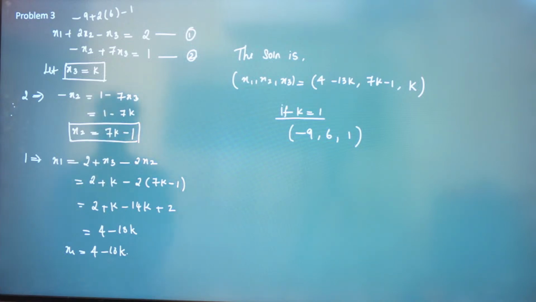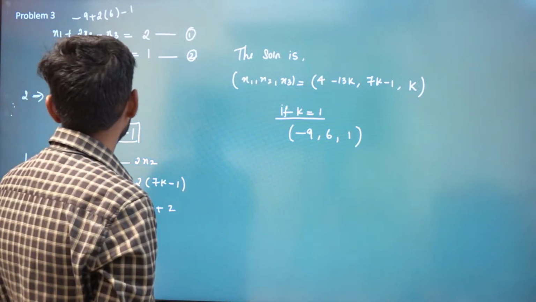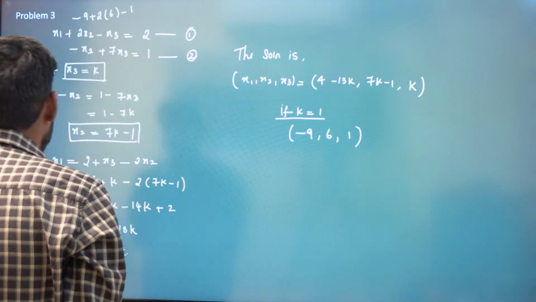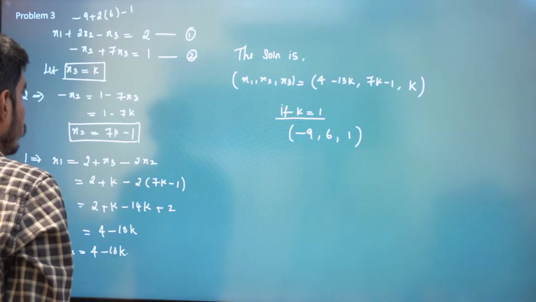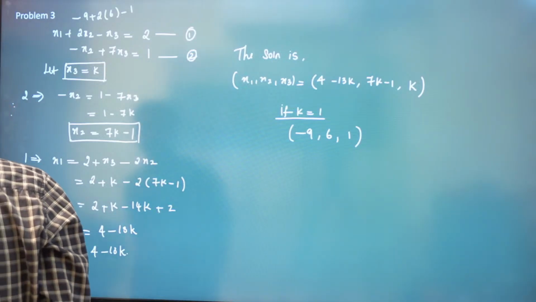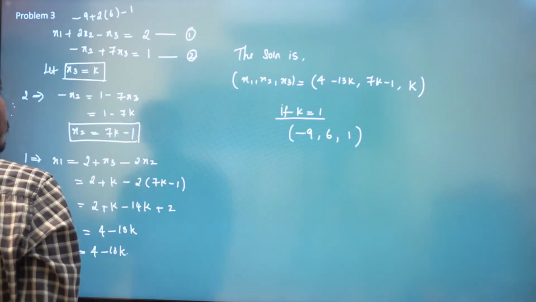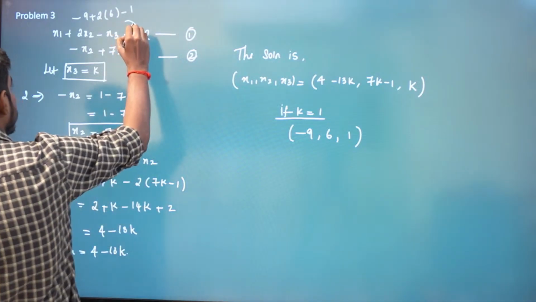Minus 7x3. That means 7k minus k plus 4 minus 13k in x2. What will you have? Yes, we have got this to be 2, right?